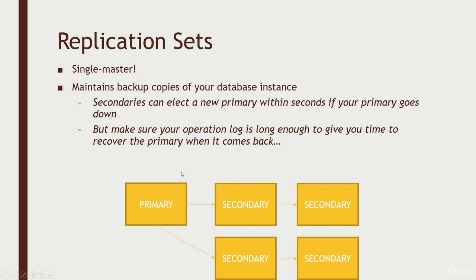So it happens pretty quickly. You're not talking about massive amounts of downtime in the event of a primary failure. But you do need to make sure you get that primary back up online pretty quickly, because if your operation log runs out of space during the time that it's been down, recovering that primary is going to get a whole lot more difficult. So, you need to make sure that you still have some operational responsibilities to actually get that back up and running quickly.